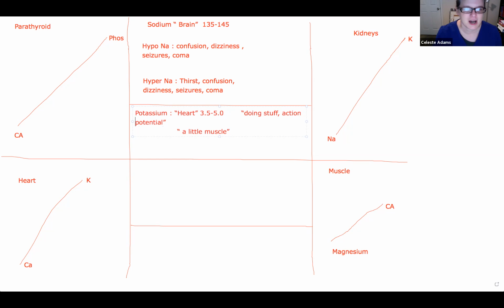So in low potassium, you would have such symptoms as cardiac arrest. You'd have dysrhythmias, right?